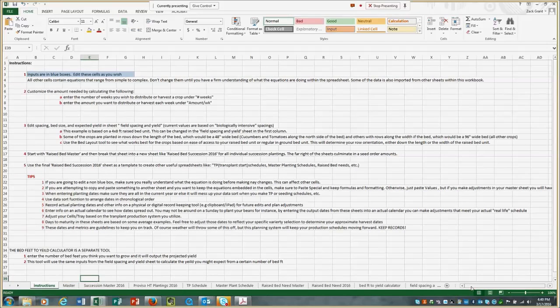So as we move through this, you'll see what I'm talking about there. But that means when you start with this master sheet that has all these equations, if you're just going to pull out a certain part of the spreadsheet and put it into a new sheet to simplify it, and you want to keep the equations that are embedded within the cells, you need to make sure that you paste special.